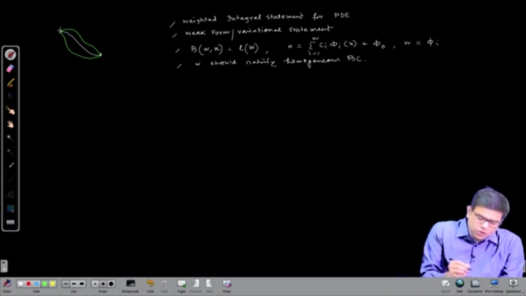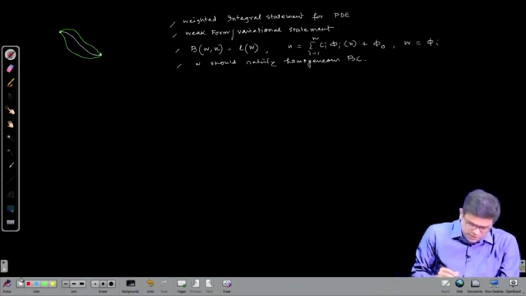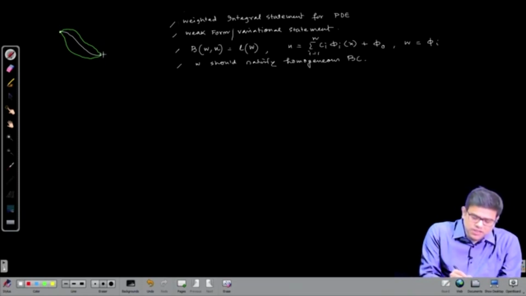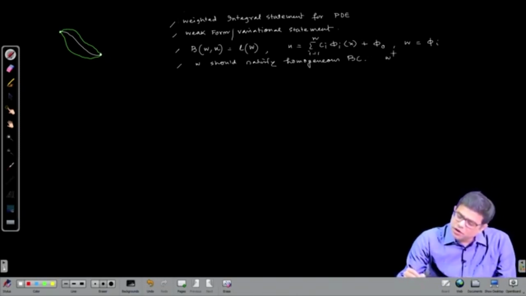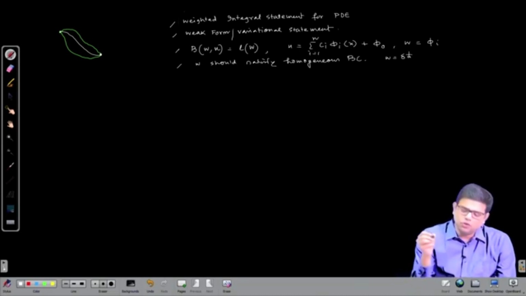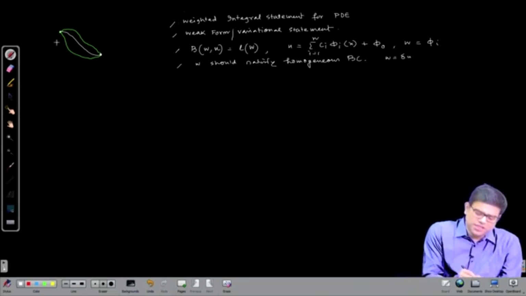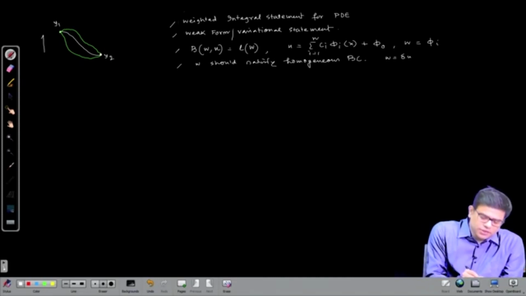That is equivalent to the variation that we learned. The weight function is essentially the variation, with delta as the operator: delta of u, the variation of u, where the boundary conditions y1 and y2 are specified. This also we have learned.